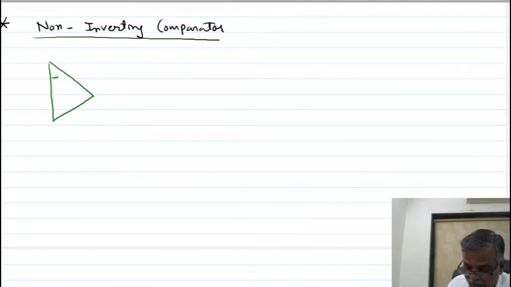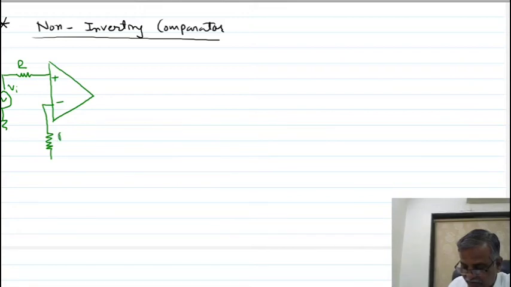This is the non-inverting terminal, and this is the input voltage Vi. The reference voltage is given to the inverting terminal. Let me say I am giving a positive reference voltage here.